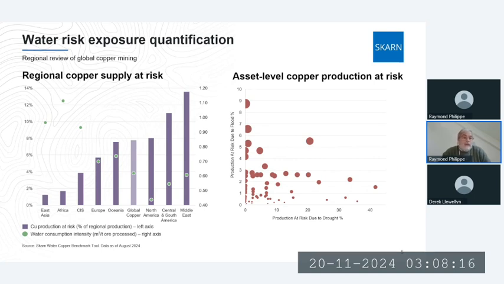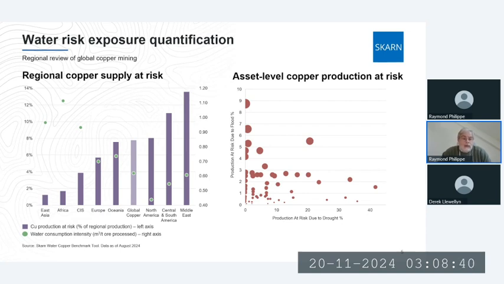And you see the associated aggregated total production at risk for each of these continents. On the right side of that graph, you see the total amount of water being consumed per ton of ore processed.